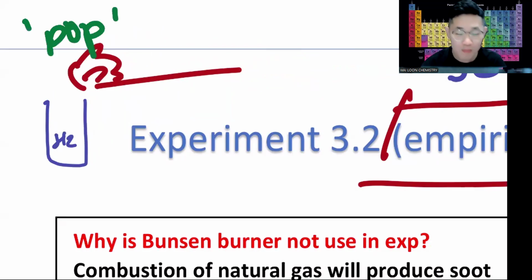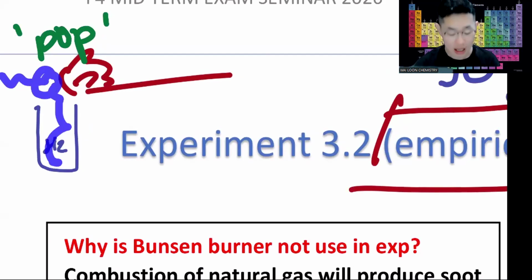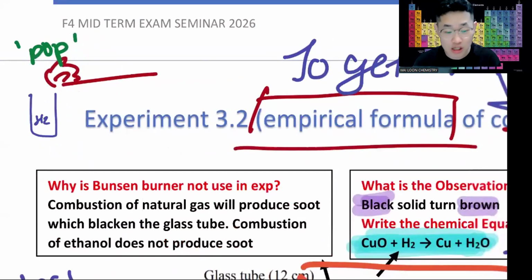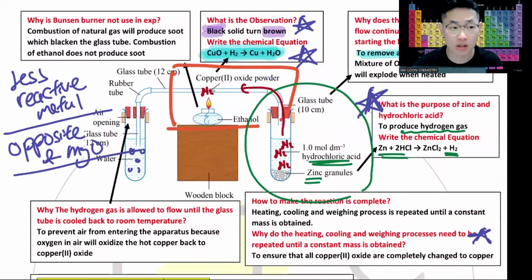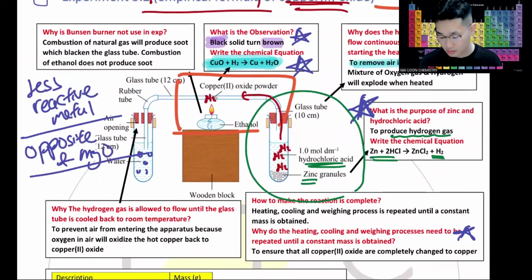Yes. The pop sound is actually like a small explosion. When hydrogen gas and the oxygen gas in the air are mixed together and you light it up, it causes a pop sound. So this one is the same. You don't want anything to pop inside the glass tube.